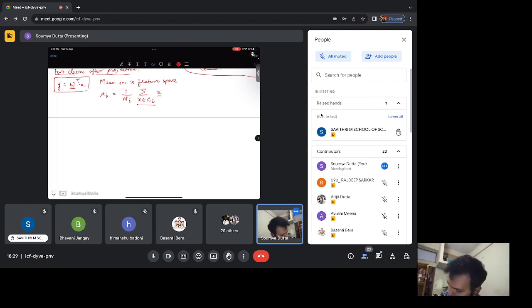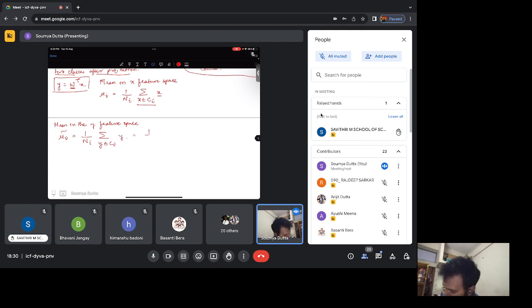So after projecting, what happens? The mean in the y feature space, I denote that by mu i bar, and that becomes 1 by ni summation over y belongs to ci of y.